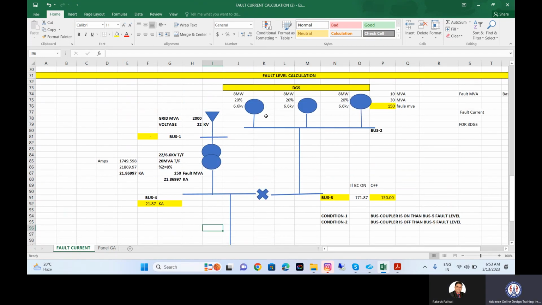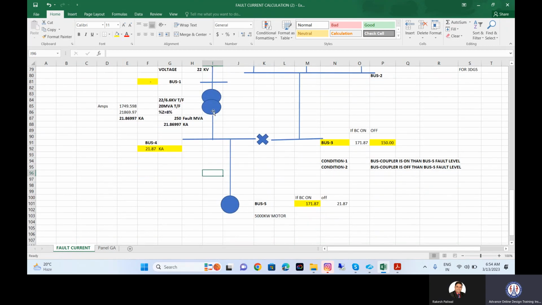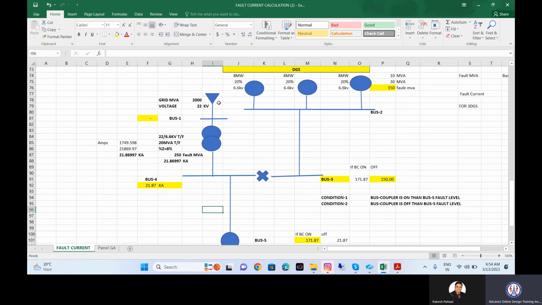Now tell me when the bus coupler is on, then how much current will come? Sir, the DG will also contribute, the DG contribution will add, sir. Okay, so the current coming from these sources, this grid transformer and the motor, plus this DG will also be added. So it is a summation of both the currents.